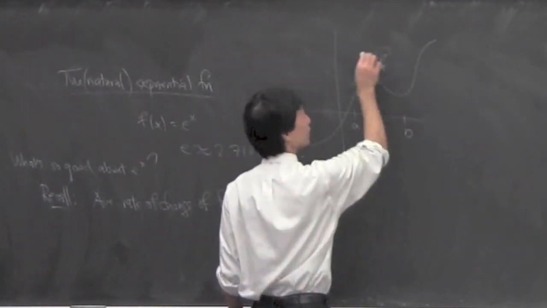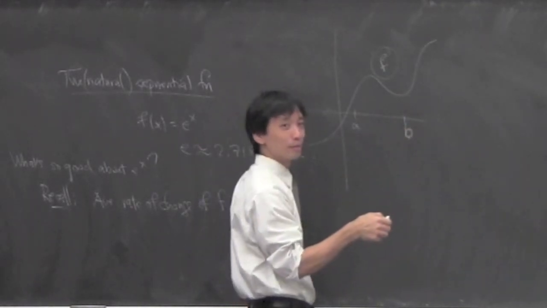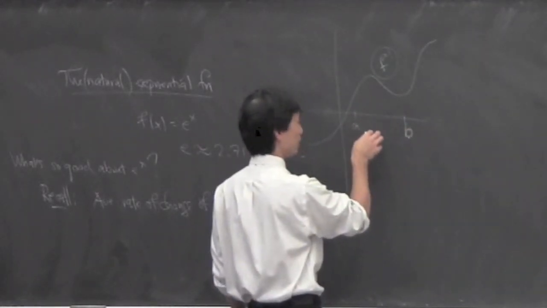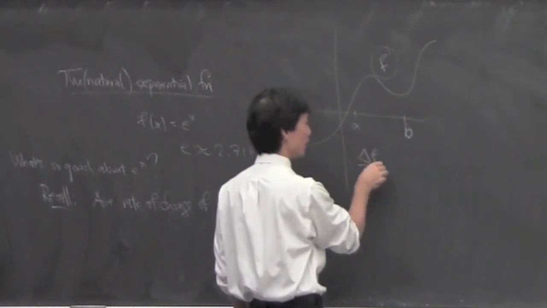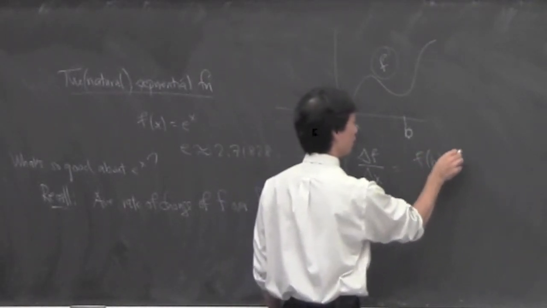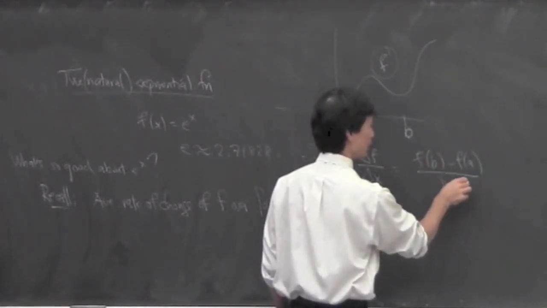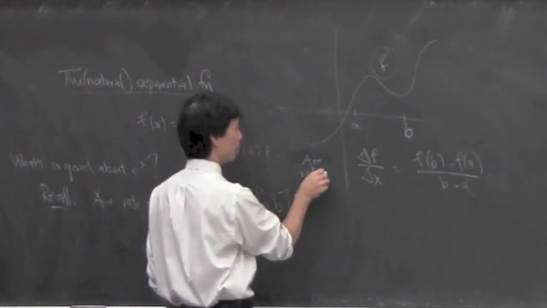There are 2 points now, but basically it's the y's minus each other over the x's, the change in the function over the change in the input. So f of b minus f of a over b minus a, and this thing is the average rate of change.